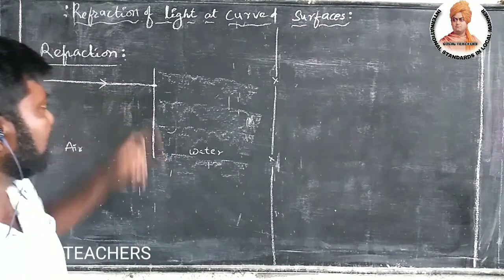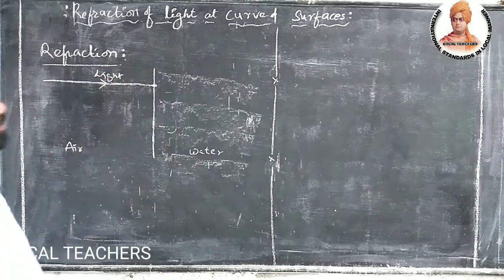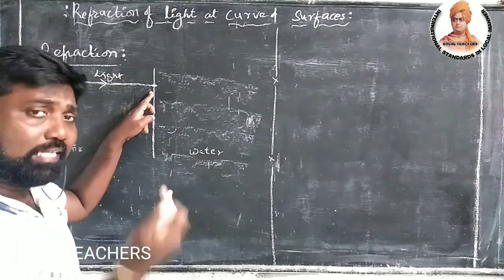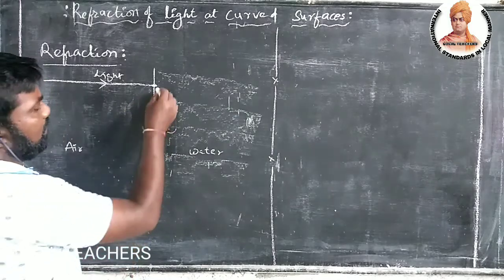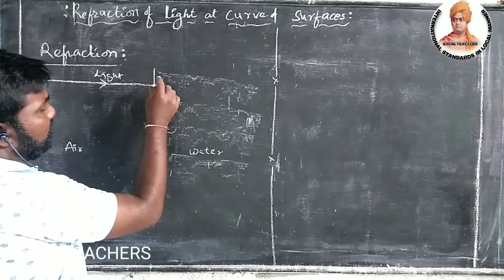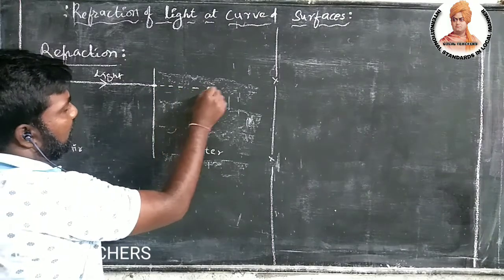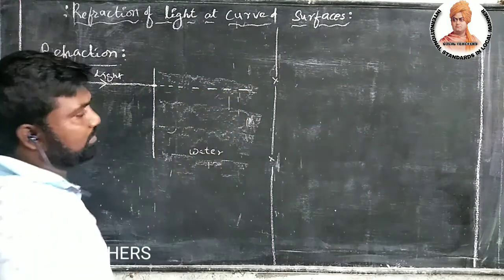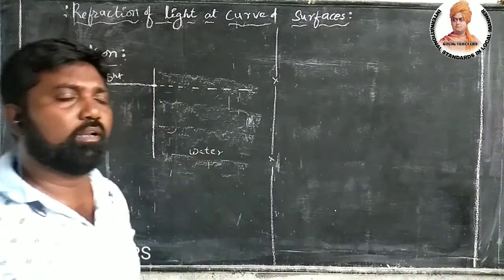So when the light is coming in this direction and is incident on the interface, naturally, if it is in the same medium, it will go like this. If it is in the same medium, it will go like this only.